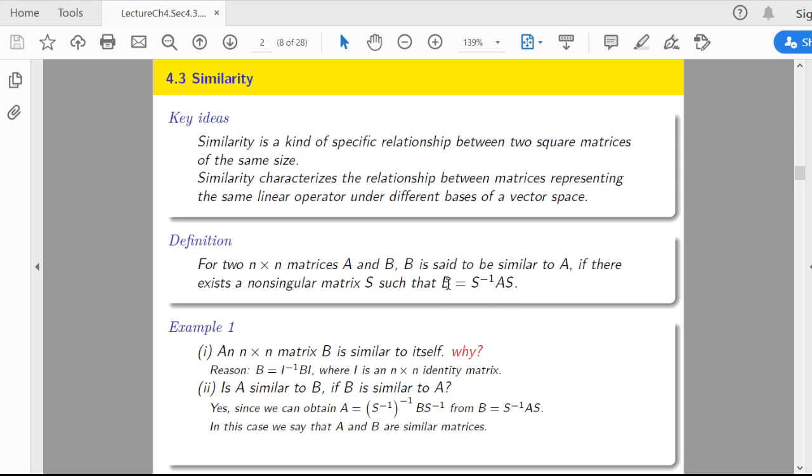What we need is a non-singular matrix, multiplied by A, with the matrix and its inverse on each side. So that's the definition. We should have a non-singular matrix S and then the inverse of the same non-singular matrix S.